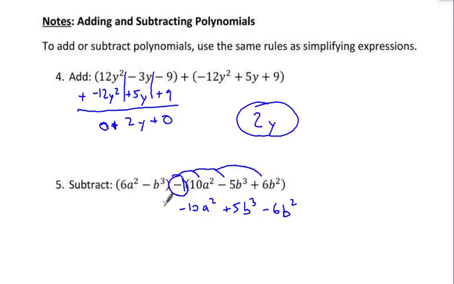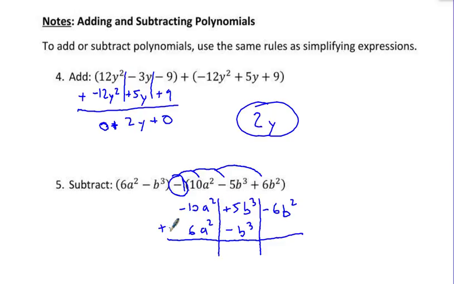Now this is a positive over here, and we're just adding or combining like terms. So I can take the 6a squared and put that in the a squared column, and the minus b cubed and put that in the b cubed column. And there is no b squared in this first polynomial, so we are stacked by like terms, as you see here.